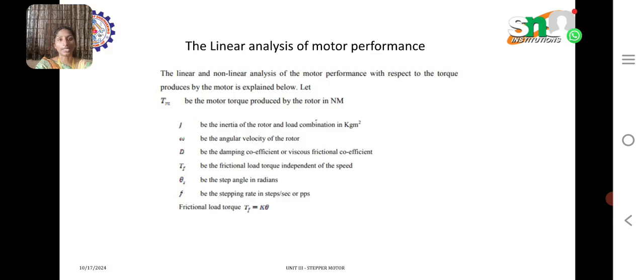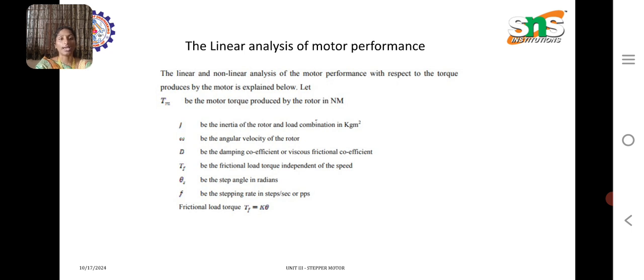So coming to linear analysis, the linear and non-linear analysis of the motor performance with respect to the torque produced by the motor is explained below. Let Tm be the motor torque produced by the rotor in Newton meters and J be the inertia of the rotor and load combination in kilogram meter square.